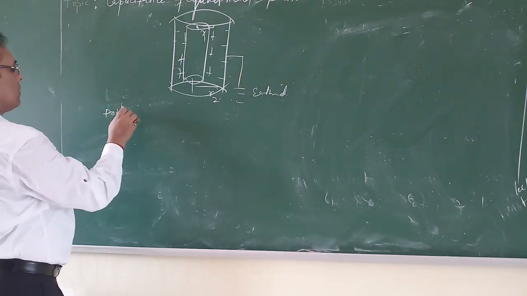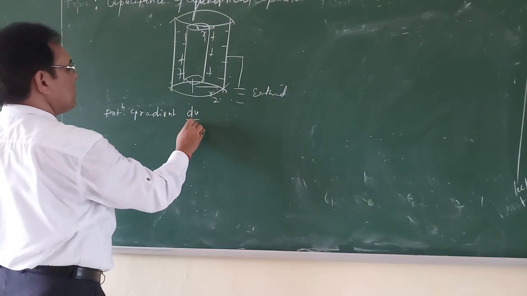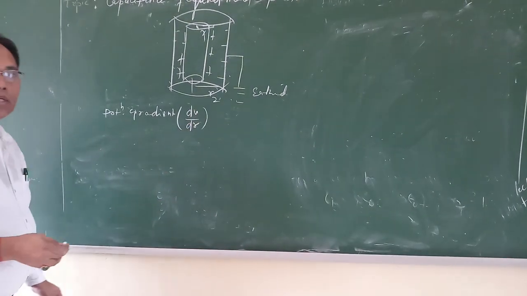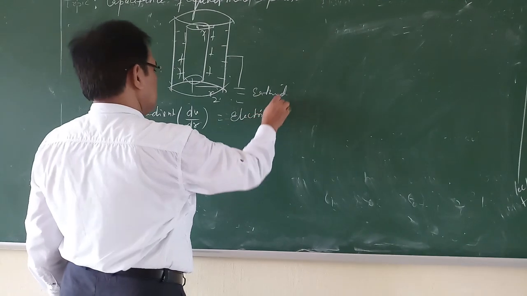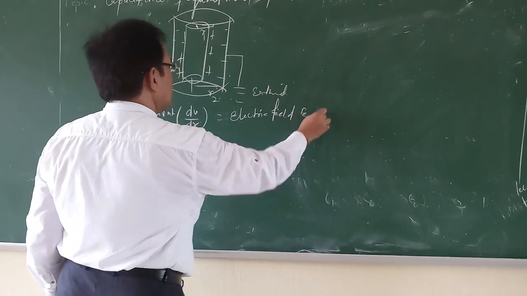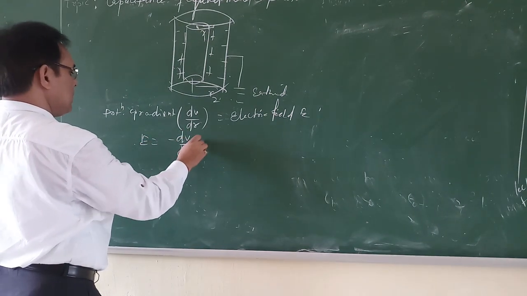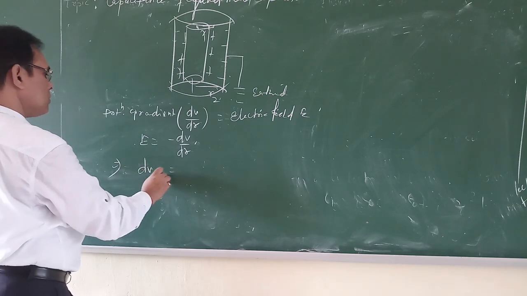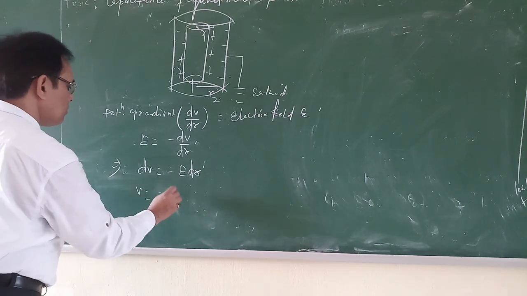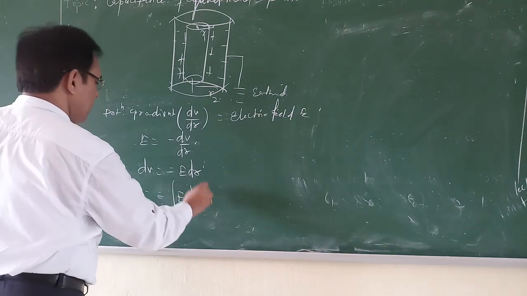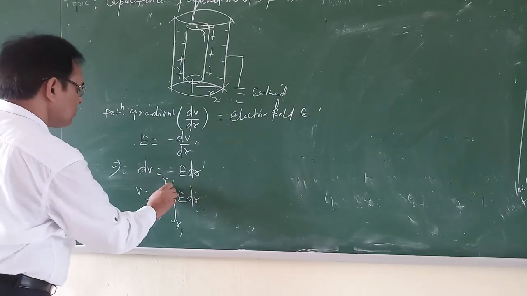Potential gradient dV by dr is equivalent to electric field E. So E equal to, you know the formula, minus dV by dr. Therefore dV equal to minus E dr. So V equal to minus integration E dr, and r value lies from R1 to R2.